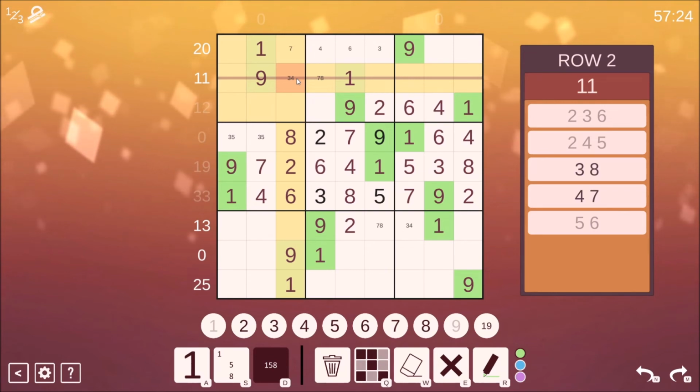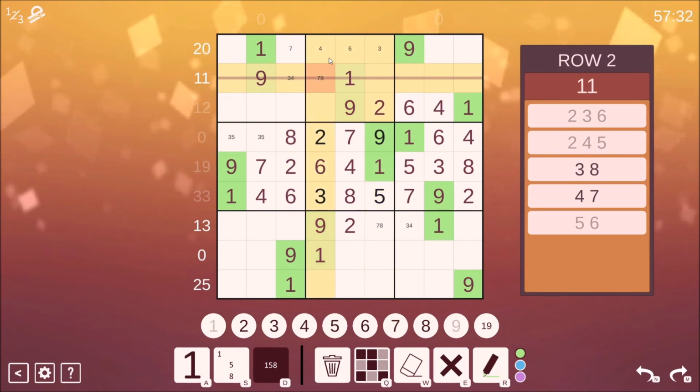And I believe these are both still valid, but let's check the other numbers. We would still need a 5 over here and a 7 or 8 over here.